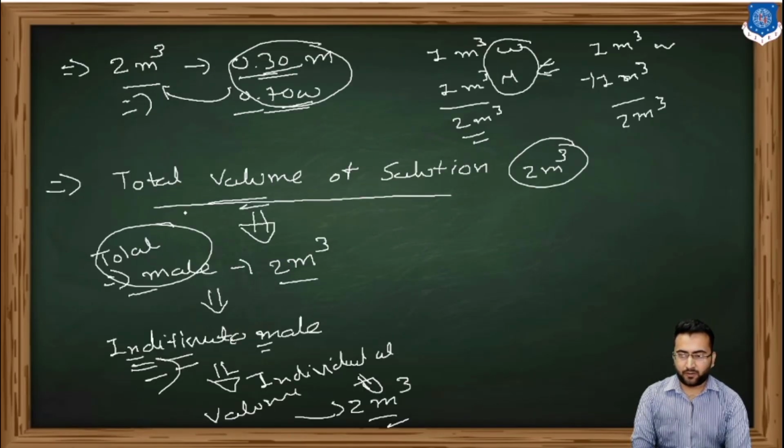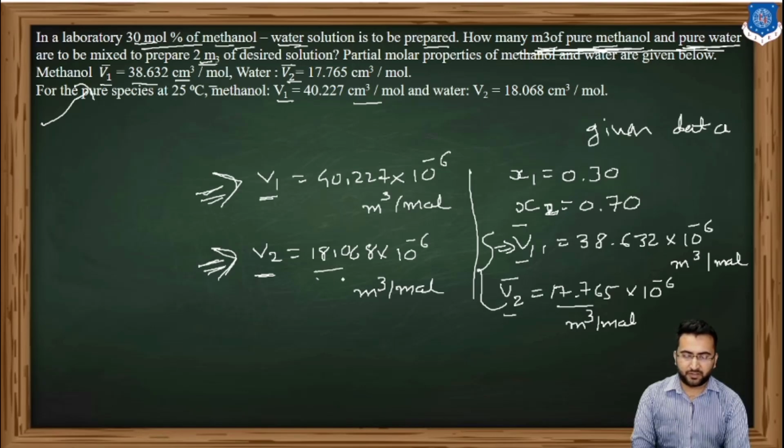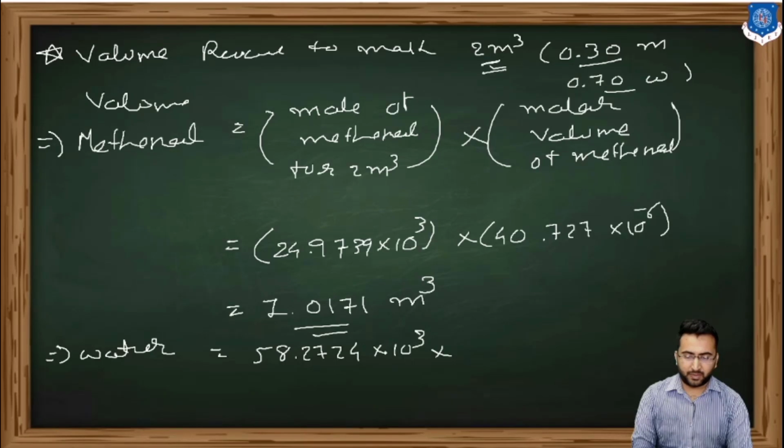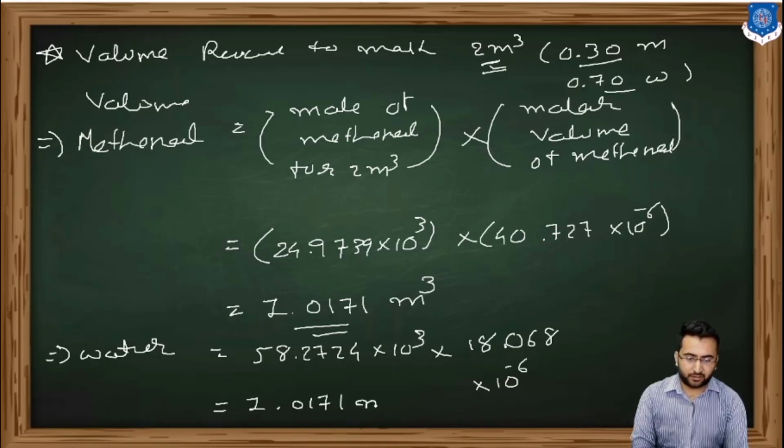The molar volume of water, given in the statement, is 18.068 multiplied by 10 raised to minus 6. By calculating this term, we will get the answer 1.0529 meter cube. So this much amount of water is required to make this type of solution.